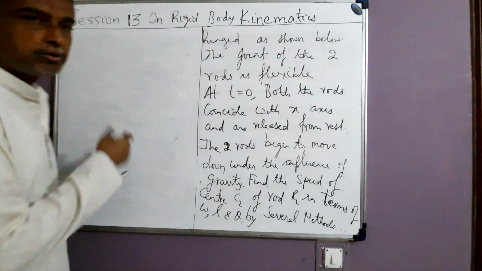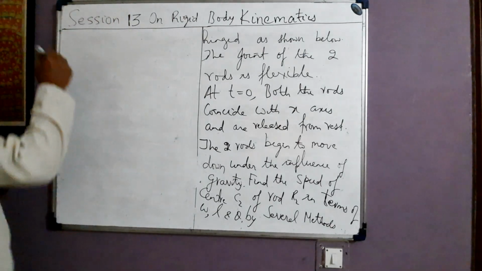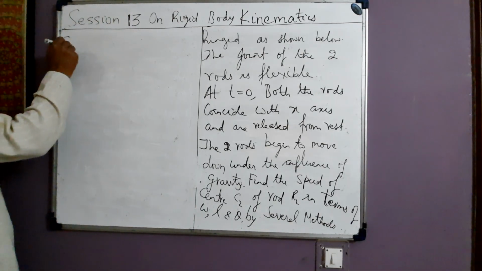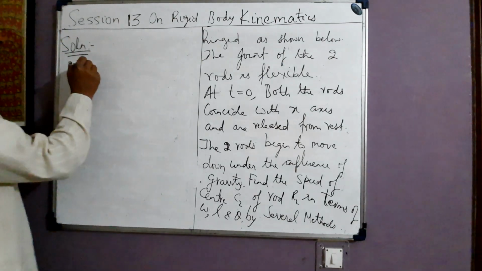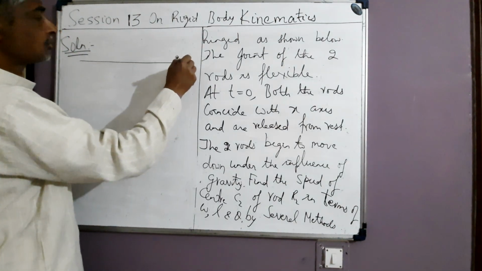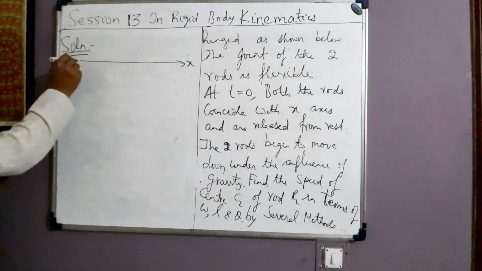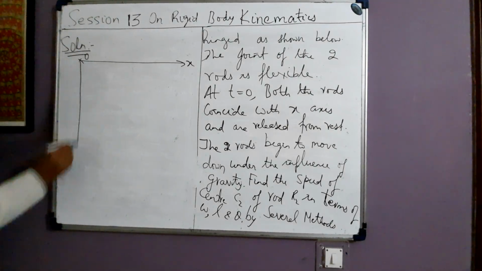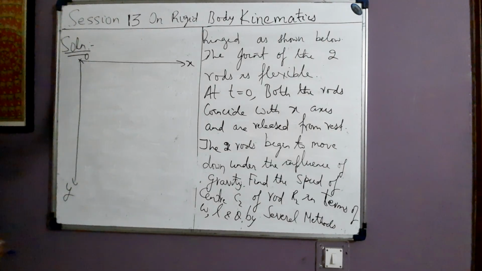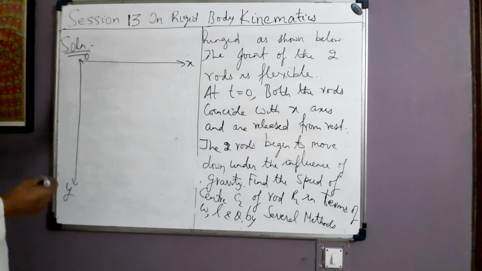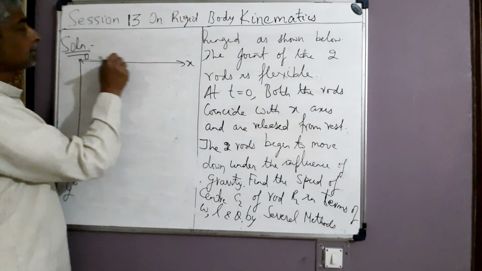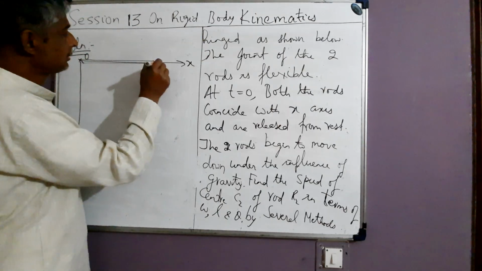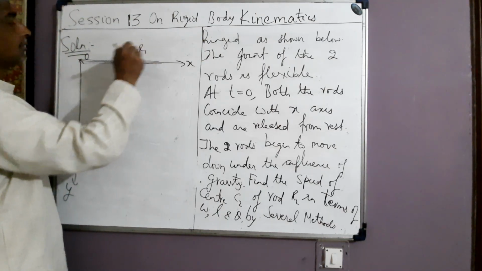So first what I'll do, I draw the diagram of the situation. This is the horizontal x-axis rightward. This is the origin. This is the downward y direction. This is the vertical xy plane. Initially both the rods overlap with the x-axis, so both the rods are shown here. This is rod R1.